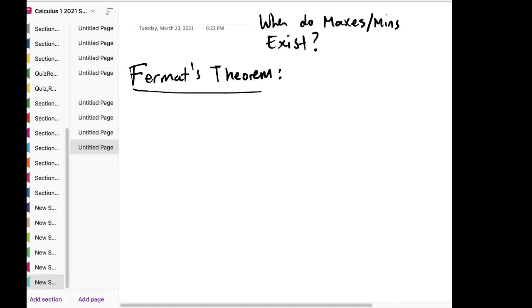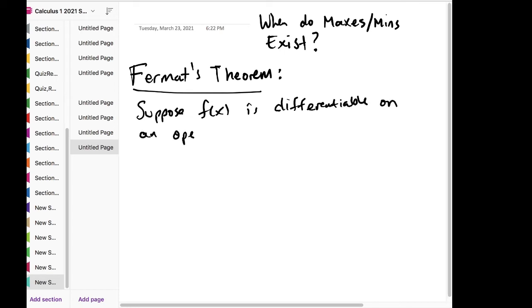So this is the theorem. Suppose f of x is continuous on, not continuous. It is continuous, but the important thing is that it's differentiable on an open interval AB.